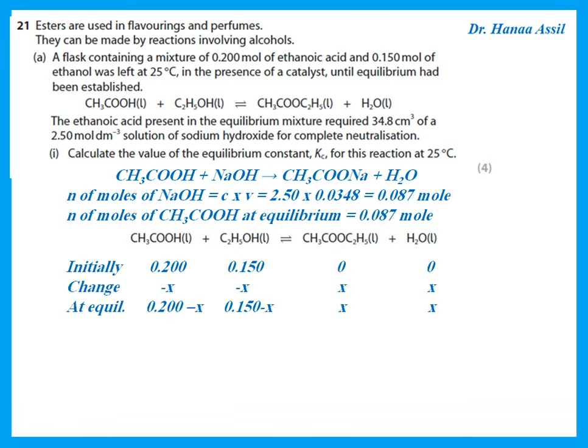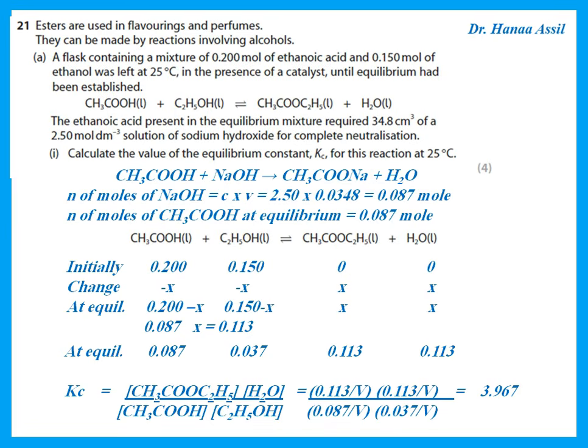But he's telling me that at equilibrium, the number of moles of ethanoic acid is 0.087, and that means the x is the rest of it. What reacted is 0.113, the rest of the 0.2, and that means that what I'm left with of ethanoic acid is 0.087. The ethanol is the 0.15 minus 0.113, and I'm forming 0.113 and 0.113.